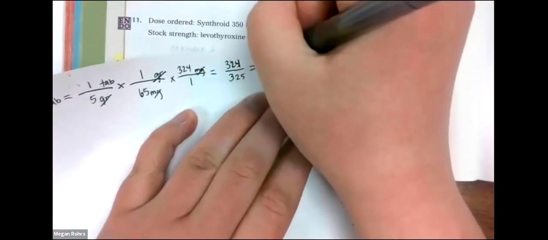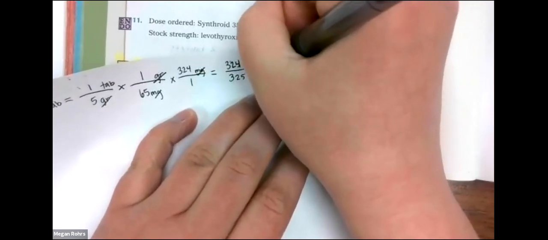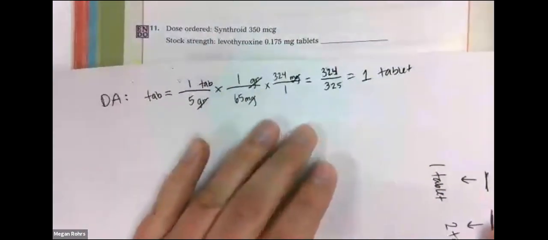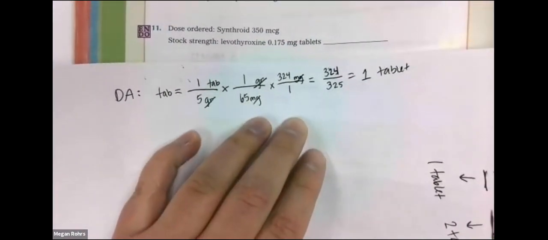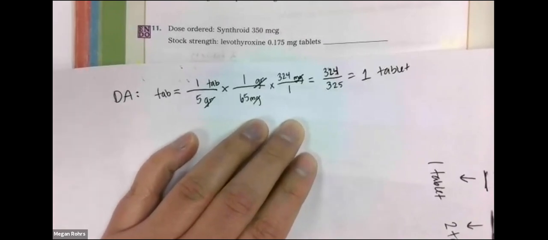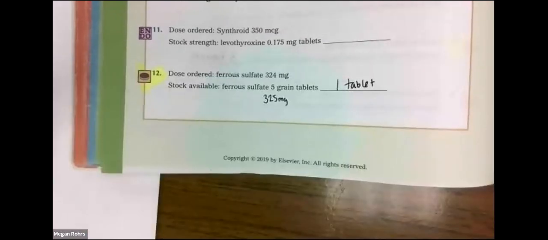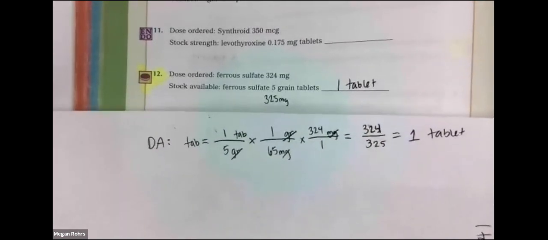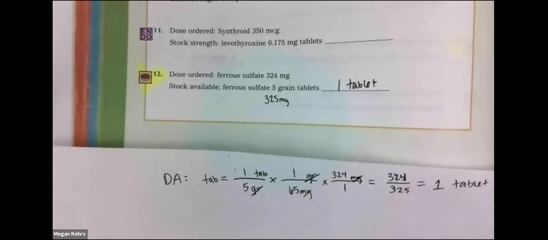So that rounds to basically just 1 tablet. There's no way for us to give that fraction of a tablet. So just 1 tablet is our answer, just like we had solving with ratio and proportion.